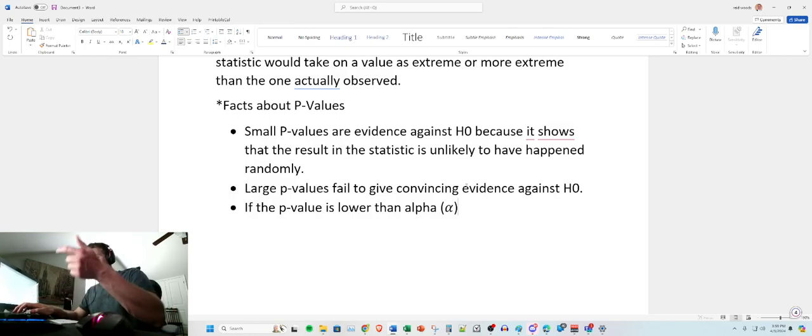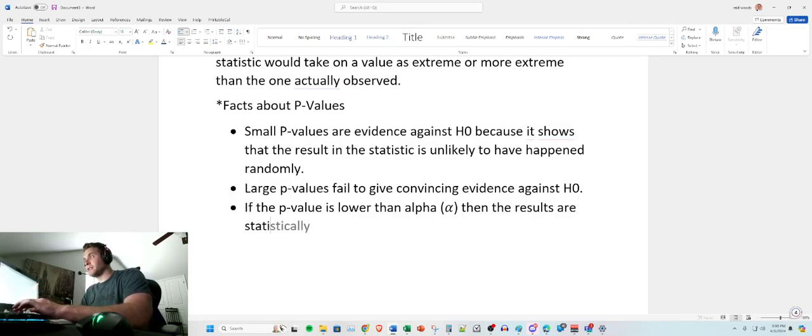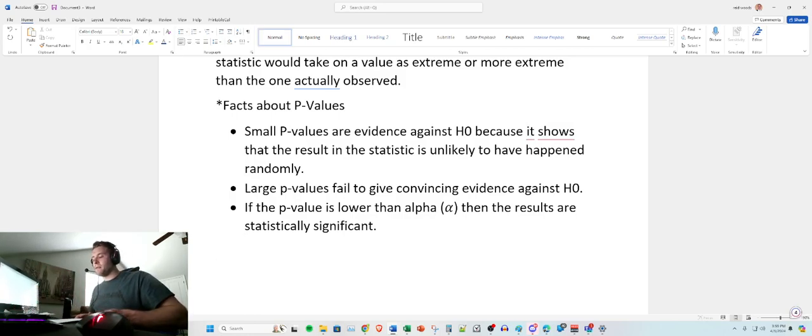So if the p-value is lower than alpha, then the results are statistically significant. This is very important to remember, because this idea of alpha, which, by the way, problems will be giving you. They'll tell you what that is.